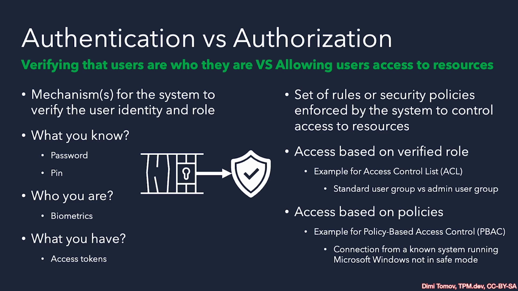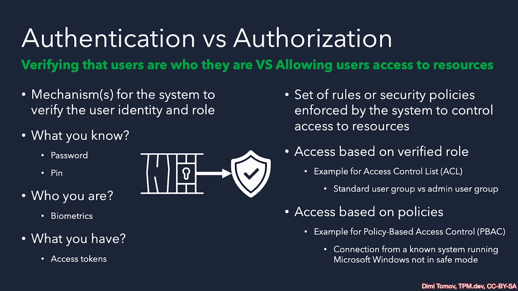This means that when we use authorization, we actually do not know the exact identity of the user. A good example is the access control list approach, where we know, for example, that a user from the developers group is trying to install a new software on the laptop, but the rules do not allow that.